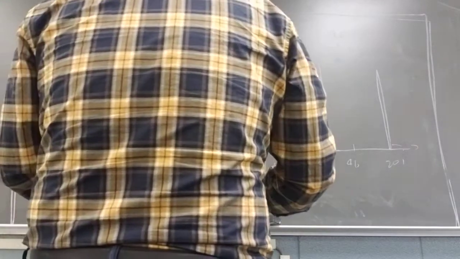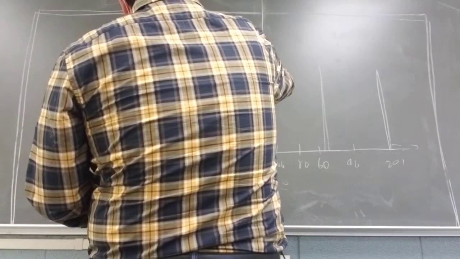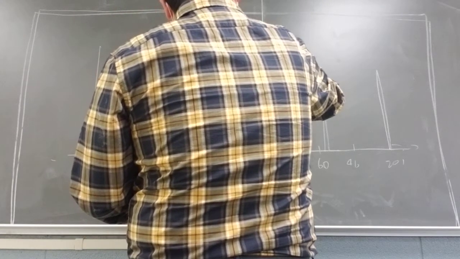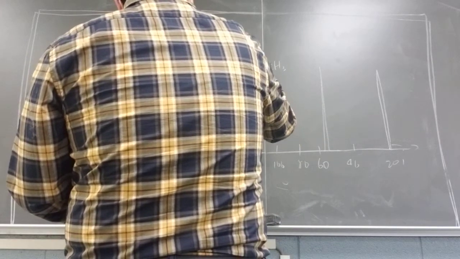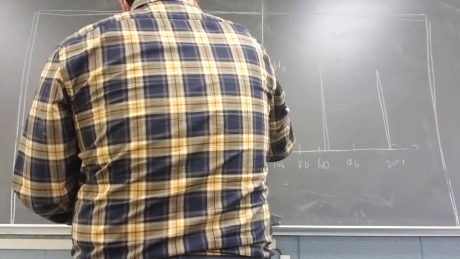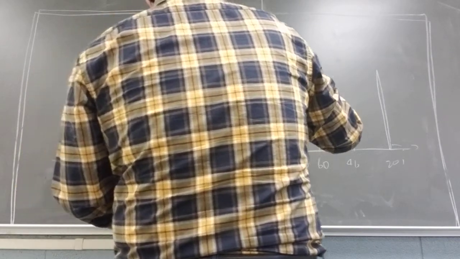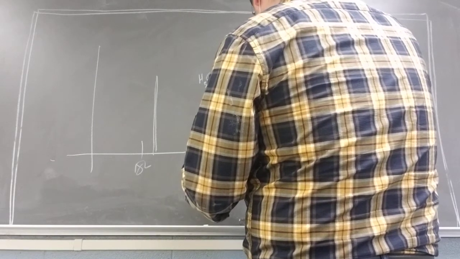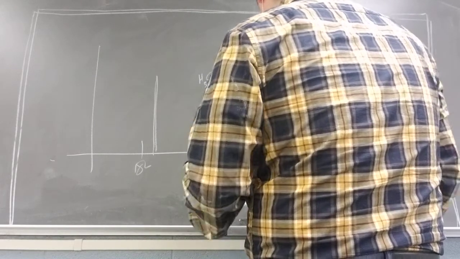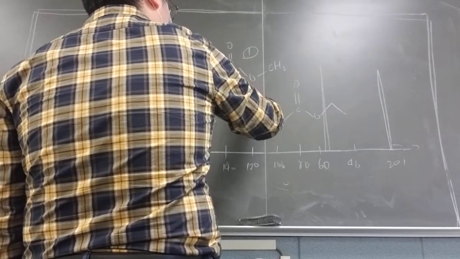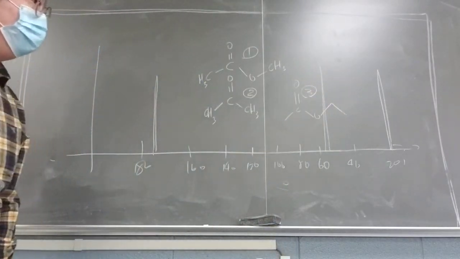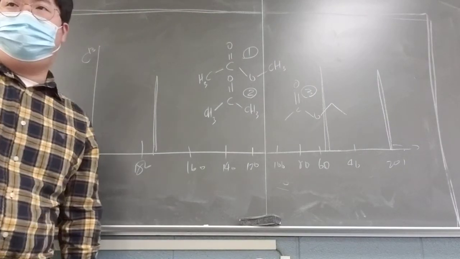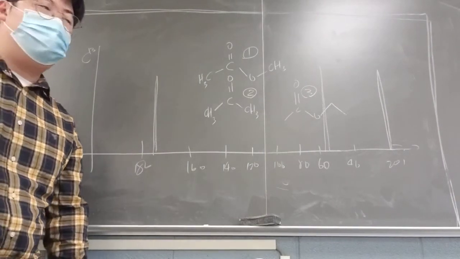Okay, and I will give you this one, this one, and this one. So this is 1, 2, 3. And this is a carbon 13 NMR. Try to find out which might be the best choice among those three.